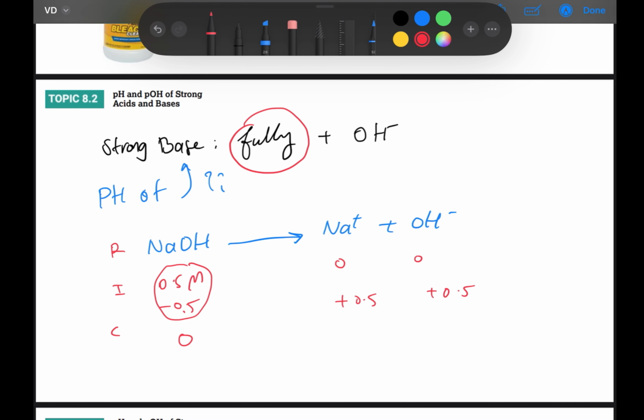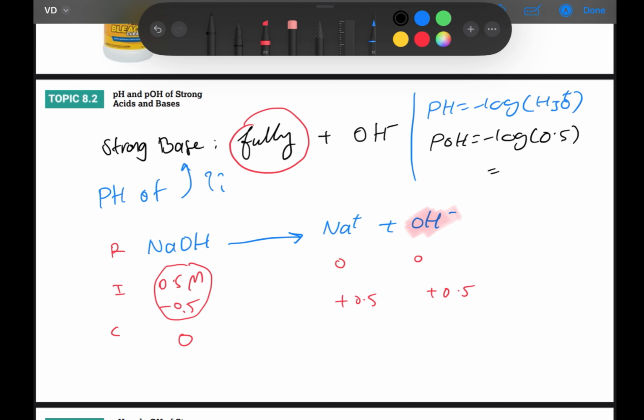So if I need to calculate the pH, what should I do? We just noticed that if you want to calculate the pH, you should say it's negative log the concentration of H3O plus, but you don't have H3O plus so far. What you have actually is the concentration of hydroxide. So that's very easy. We can calculate the pOH first, and we can say negative log 0.5, and as we said, it's equal to 0.30.